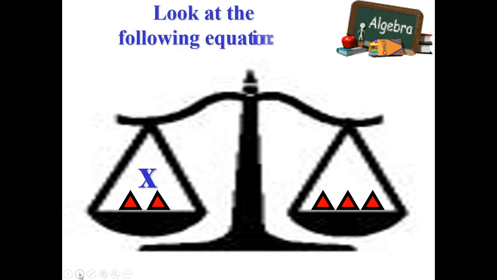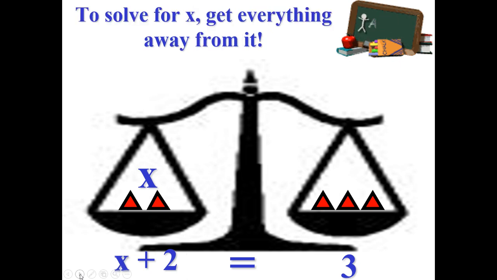So let's take a look at the following equation: x plus 2 equals 3. If you recall from our practice last week, we have to solve for x, and to solve for x, we want to get everything away from it. We used the word isolate. We want to isolate the variable.